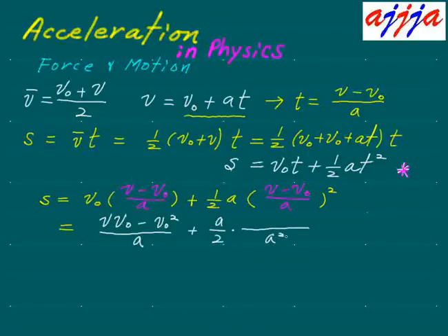Then the bottom is going to be a squared. What about the top? You just square v minus v0, so v squared minus 2v v0 plus v0 squared. Now I can reduce this one: a and a squared, so only one a is left over right here.